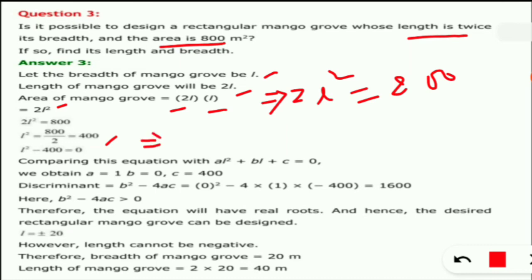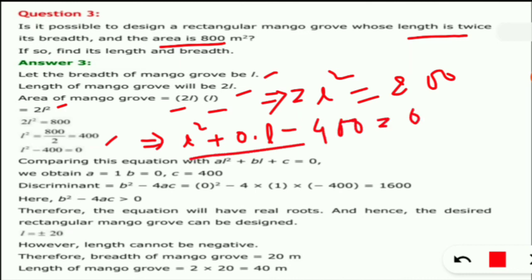So this can be written as L square plus 0 into L minus 400 equals 0. This is a quadratic equation, which is of the form aL square plus bL plus c equals 0.